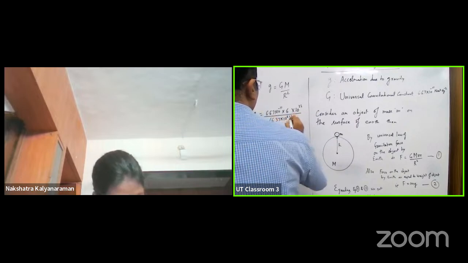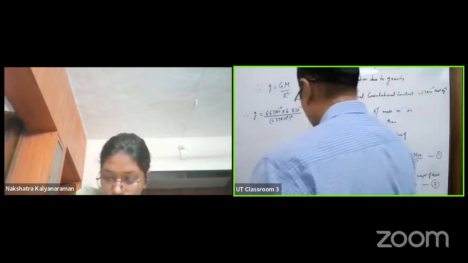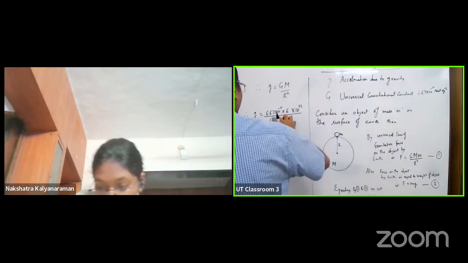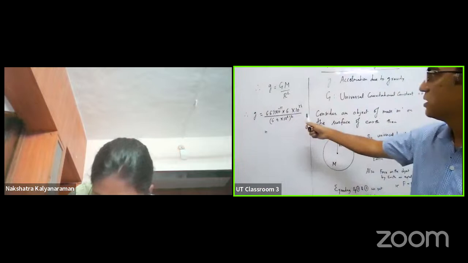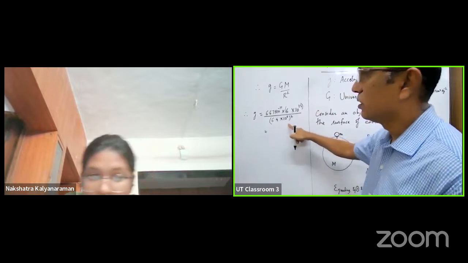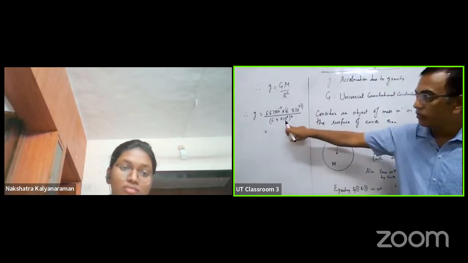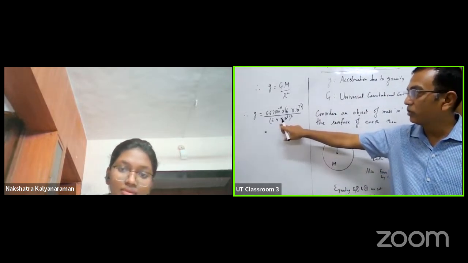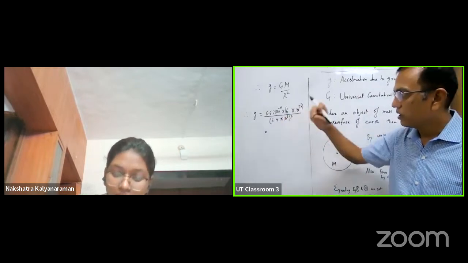The radius of the earth is 6,400 kilometers, which when you convert to meters becomes 6.4 into 10 raised to 6. So these are known values, assuming this data is given to you.